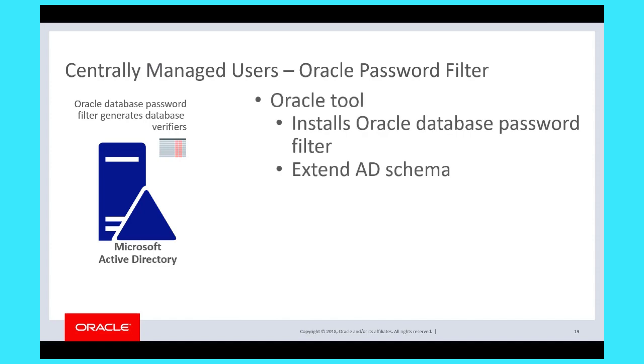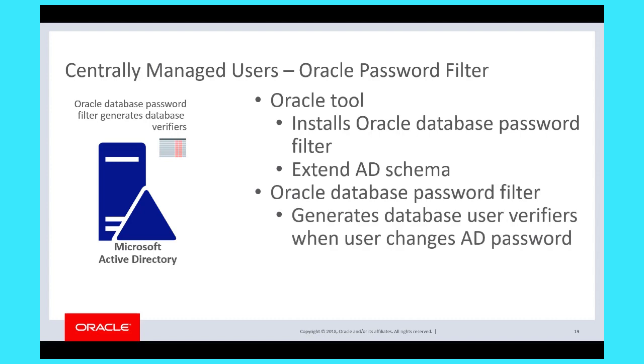Okay, so you'll install the filter, you'll extend the schema. Now that you've got that filter installed, you're now ready to begin generating password hashes. And when you do that, when you're generating these password verifiers, just like if you were using standalone database, completely forget about Enterprise User Security or CMU, you want to control which verifiers are created.